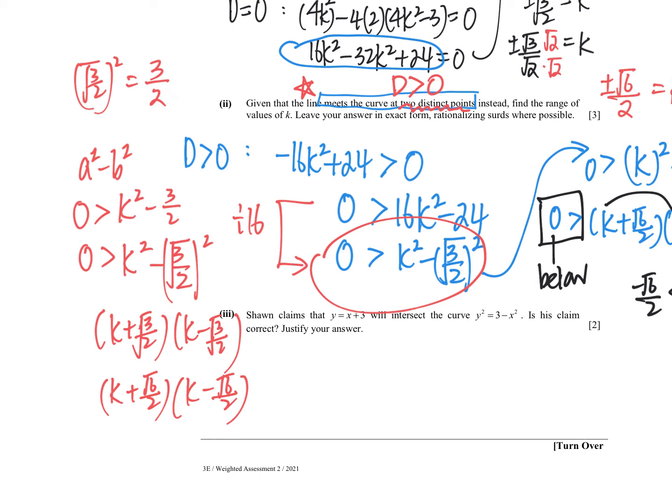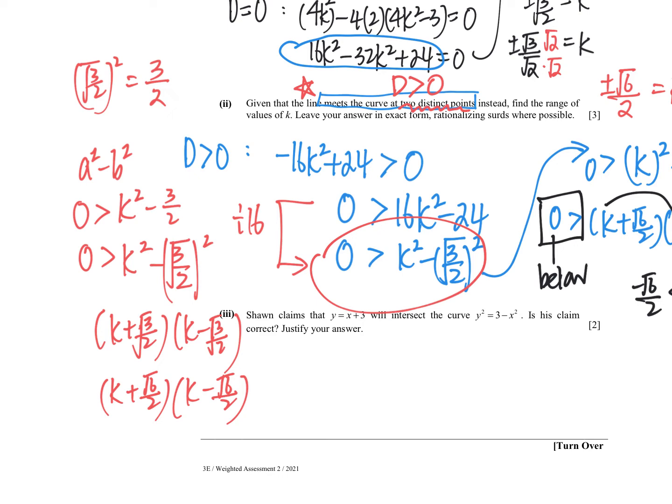Just like when I have k squared minus 4, I will change this to 2 squared, so that I can do my k plus 2, k minus 2. But now I'm given a number that I cannot square root, or I cannot change the form into something else. The only way I can do it is I square root this whole thing and I square.